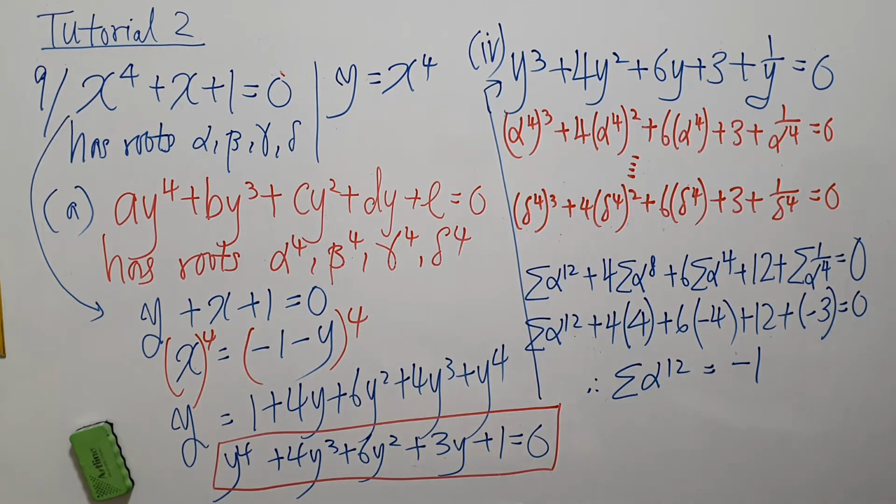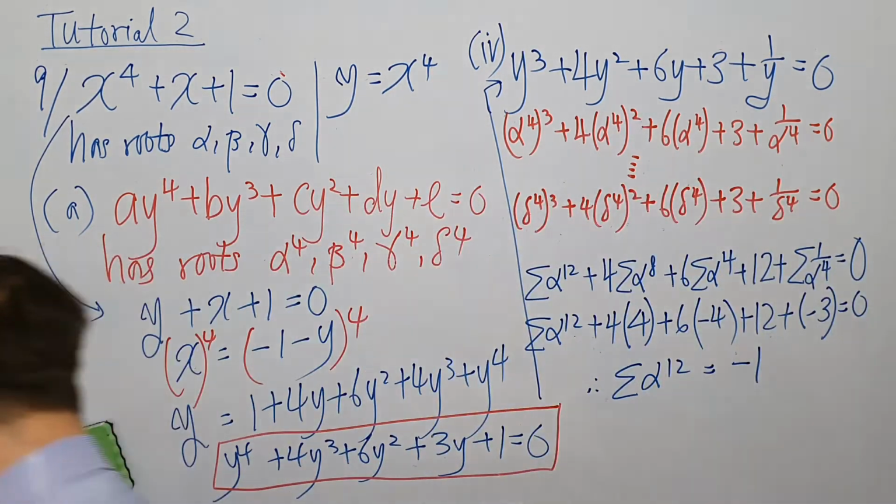Yeah, I get minus 1, it's correct. Okay, this minus 1 is correct. Then that brings us to number 9b part 5. In number 9b part 5, you've got summation of alpha to the power of 16.